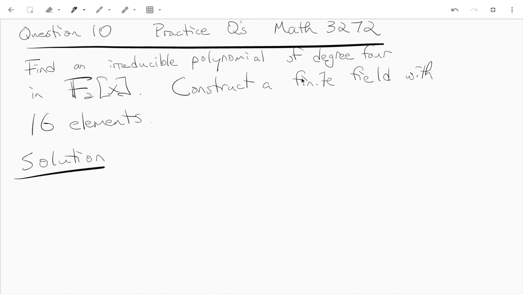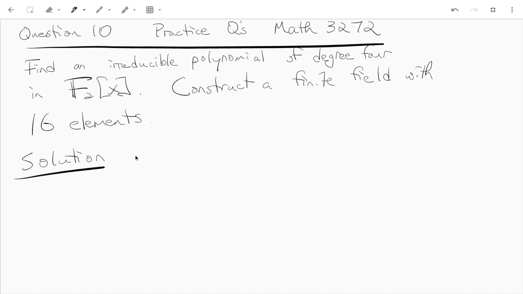If it was for degree 3 or degree 2, we would just look for a polynomial without any roots, because a reducible polynomial of degree 3, for example, has to have a linear factor, which would give you a root of the polynomial.